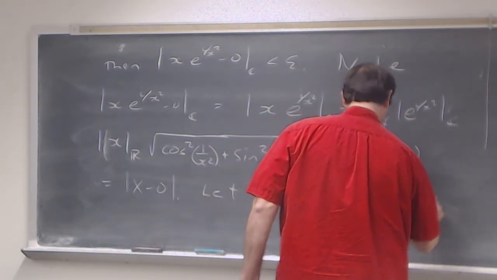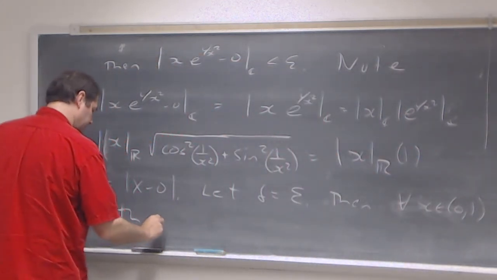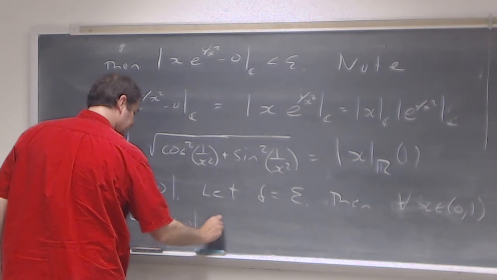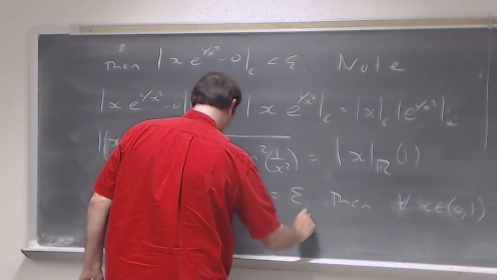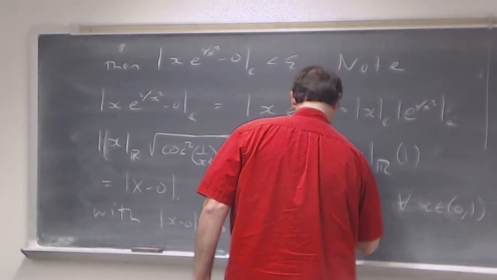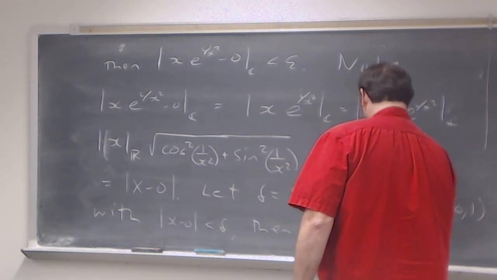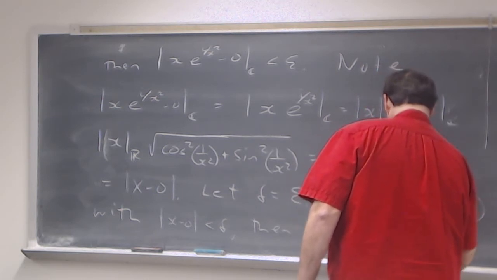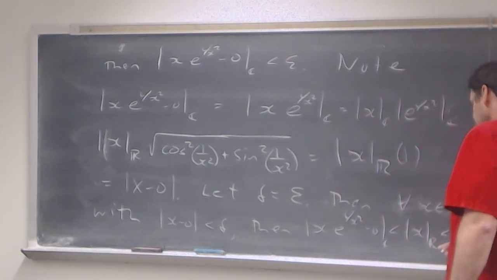Then for all x an element of (0, 1) with absolute value of x minus 0 in R less than delta, we have that the absolute value of x times e to the i over x squared minus 0, in the complex absolute value, will be less than this quantity in the reals, which is less than delta, which is equal to epsilon. And so we'll get what we want.